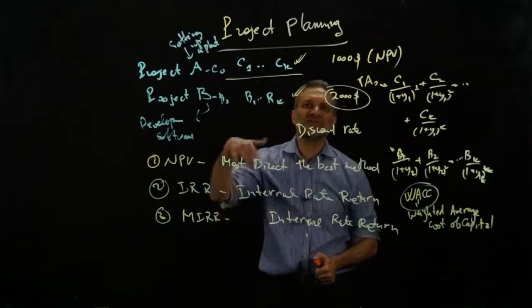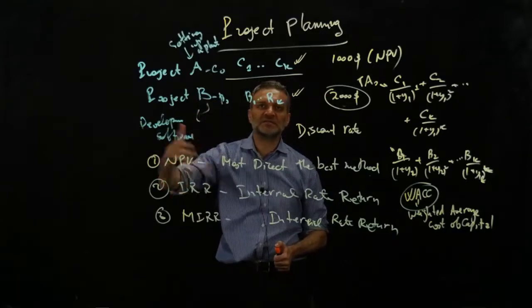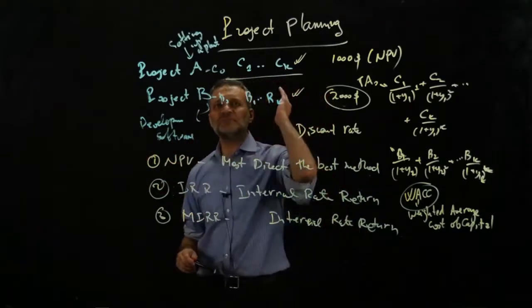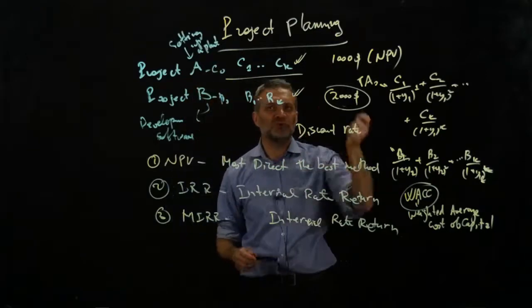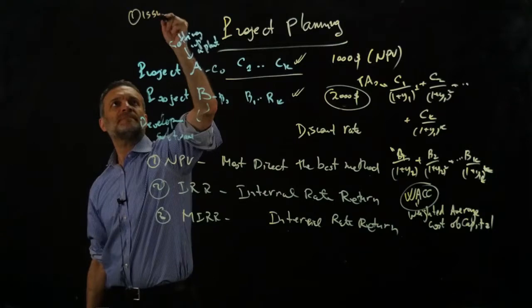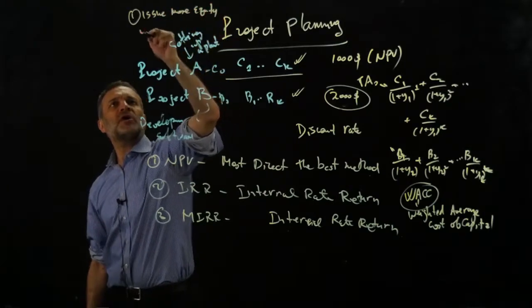Suppose you want to fund this project. Suppose you want to go and get a loan. How can you get this loan? You can get it based on equity, issuing more equity, or you can get a bond.